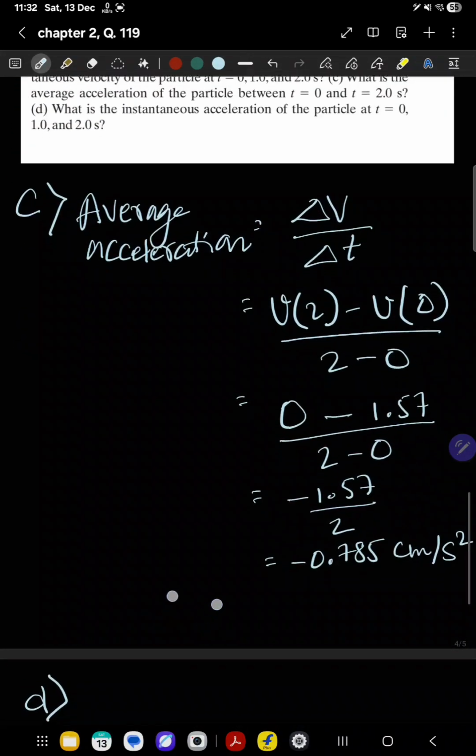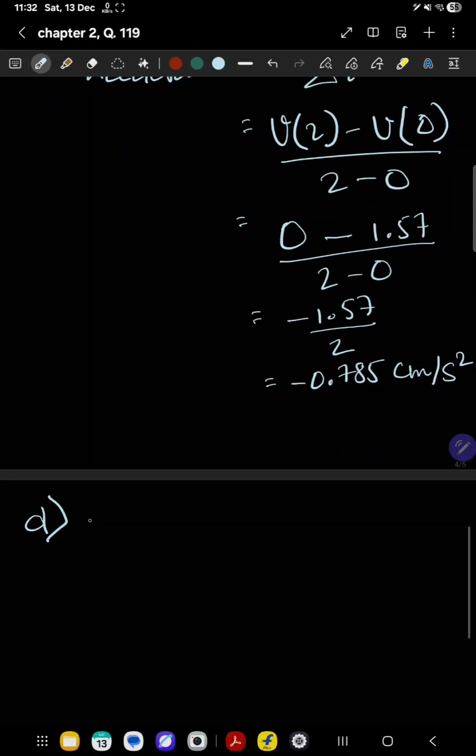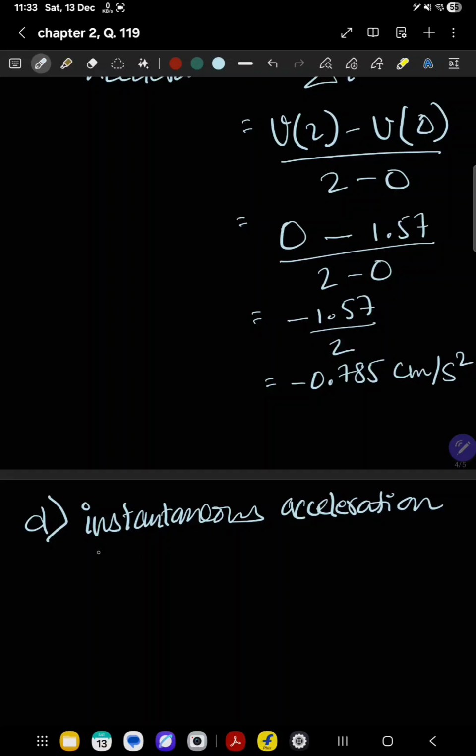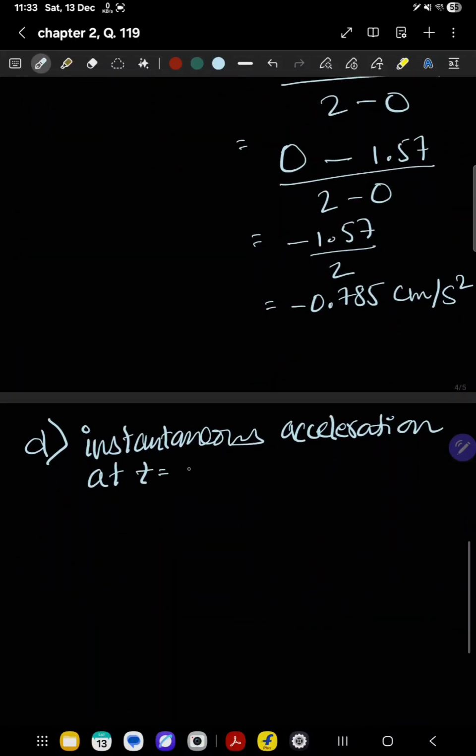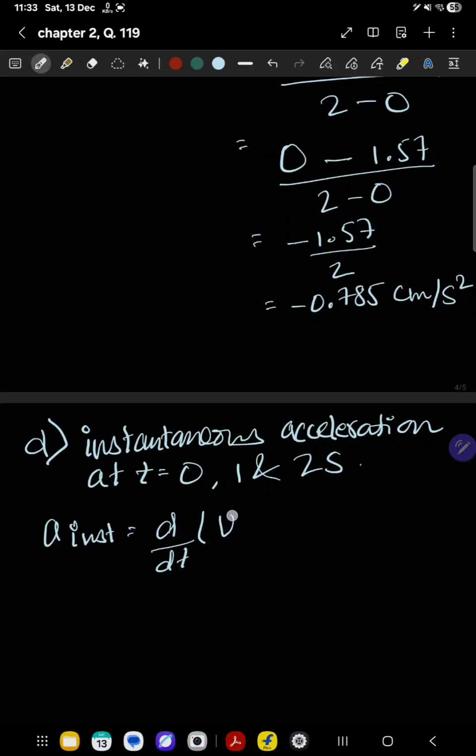Okay, so we know instantaneous acceleration can be written as the derivative of the velocity function, right? We have already calculated the velocity function above.